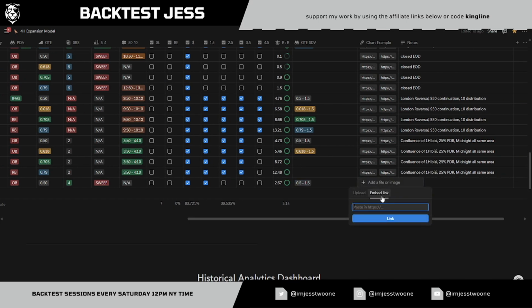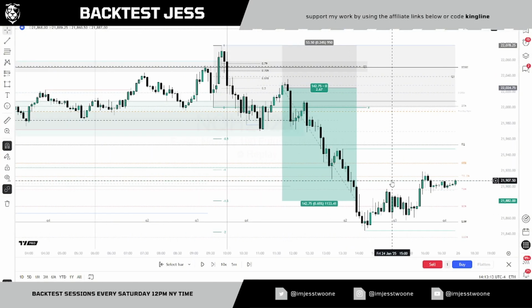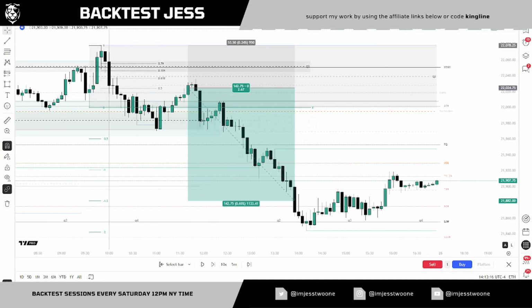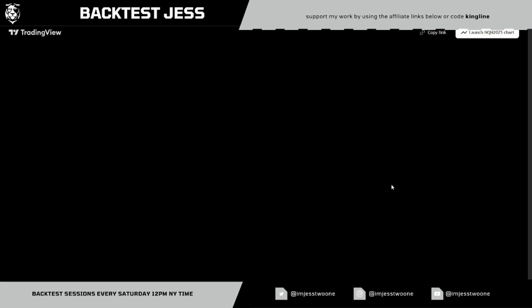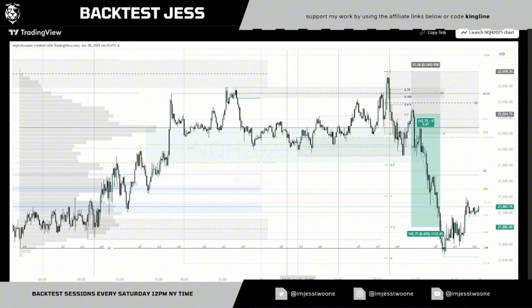All right, so here's the context chart. And then here's just a close-up of the trade with a marker. Let me make sure this is the right chart. Yep, it is.